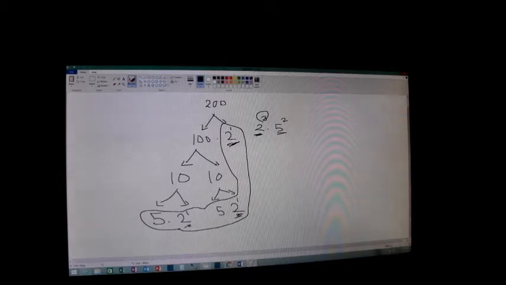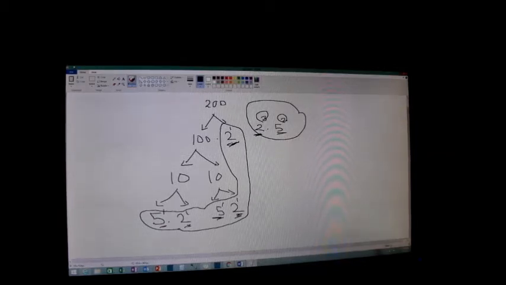Then I got 5 squared because there's always a 1 on top of the numbers, and the base is 5, so I keep it at 5 and add the exponents, so I got 2. So 2 to the third power times 5 squared is the answer.